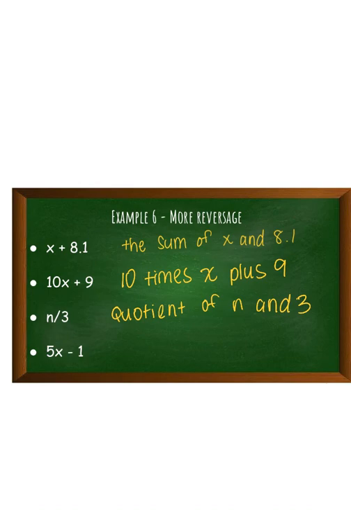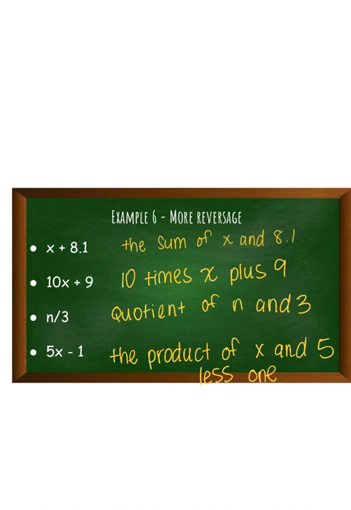5x minus 1. Could have written the product, which means multiplication, of x and 5 less 1, or you could have written 1 less than 5 times x.